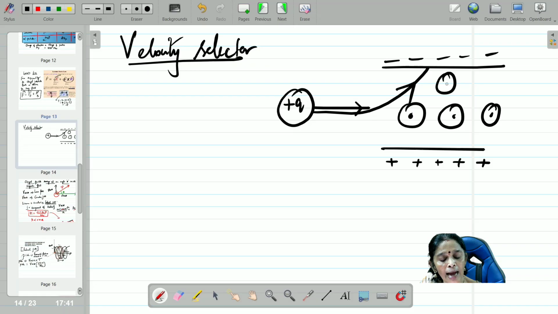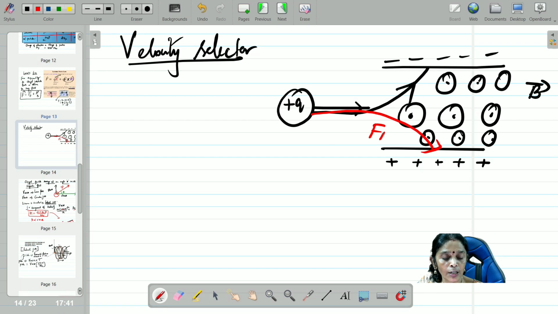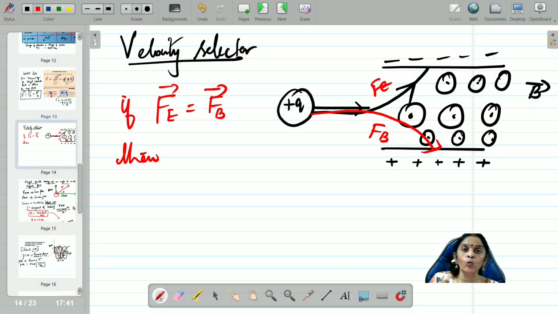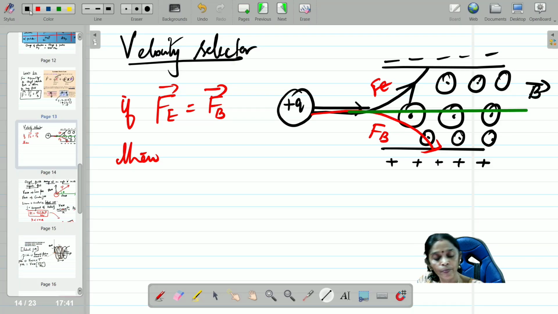Since the magnetic field is acting outwards here, the charged particle, instead of going upwards, tries to get pulled downwards. That is force due to magnetic. This is force due to electric. If force due to electric field is equal to force due to magnetic field, then what will happen? It moves in neither of the two directions, according to the parallelogram law of vectors. Therefore, the charged particle moves straight like that.